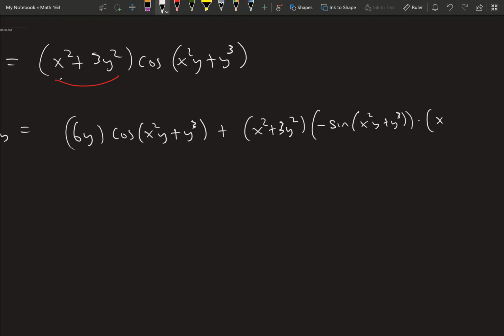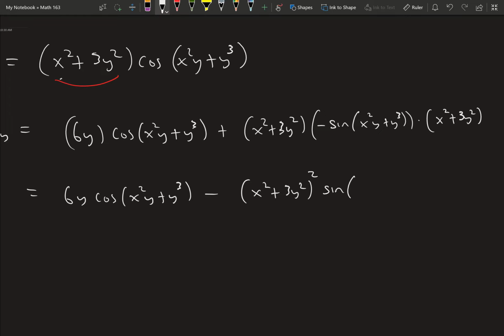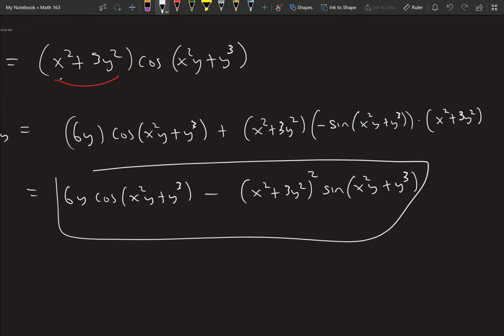We get x squared plus 3y squared, and so finally we have 6y cosine of x squared y plus y cubed minus (x squared plus 3y squared) squared times sine of x squared y plus y cubed. Okay, so that is the second partial derivative of f with respect to y.